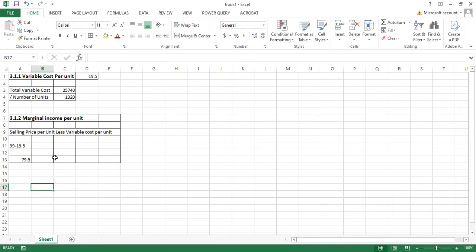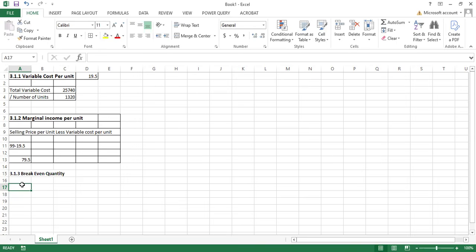Okay, let me just do the last one, which is 3.1.3, which is break even quantity. So what is the formula for this one?